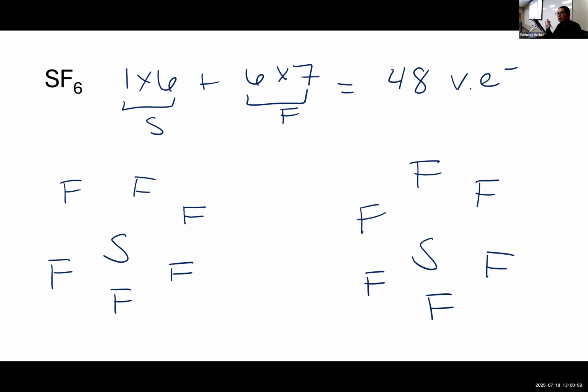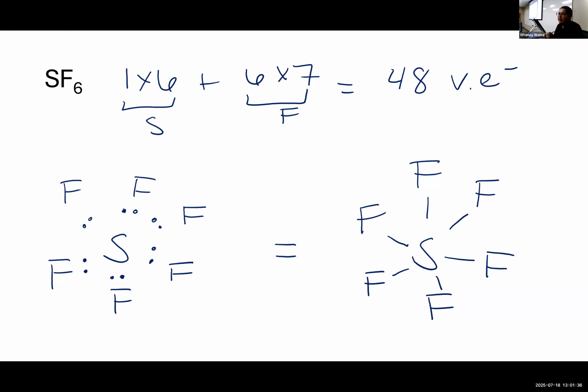The next step is to connect those atoms to the central atom by either doing a line or doing the lone pairs. That's 2, 4, 6, 8, 10, 12.